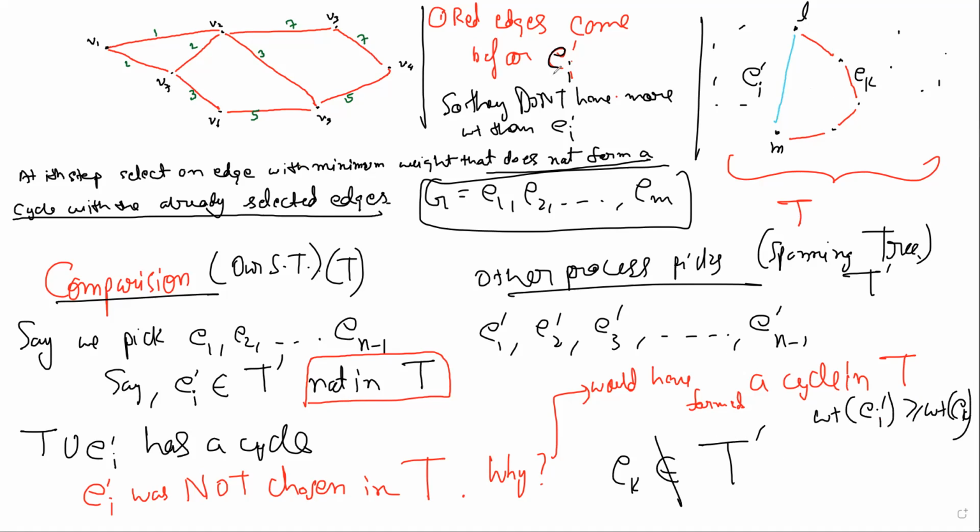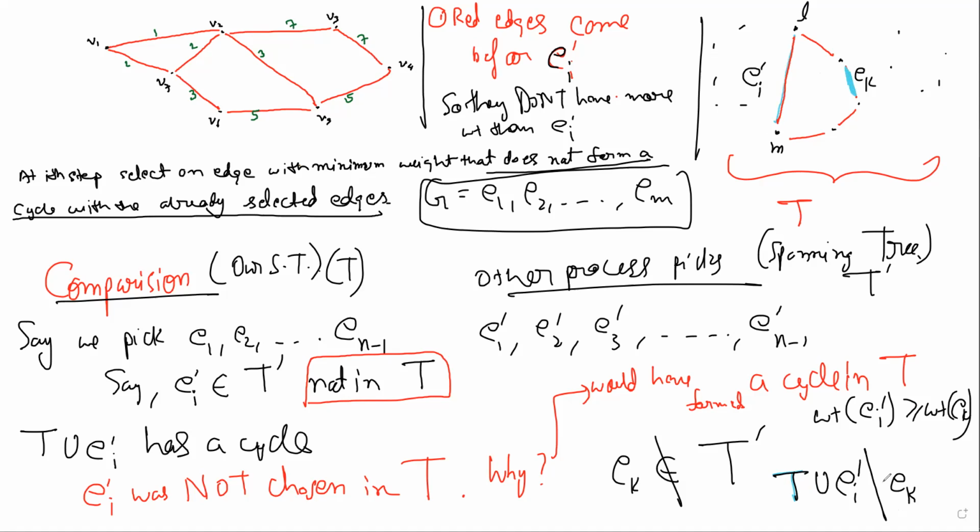You can make this a member, and you can remove this. Then what we have done is we have taken the tree T, added something from T prime, and removed something from T. So now this new tree is a spanning tree.